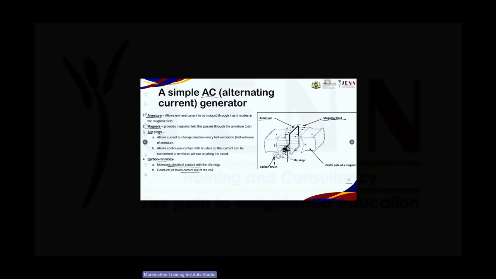Now, grade 12s, these are important components that you have to know, so that if they ask you for the functions of each one of them, you are able to write down what the function is for each one of the components.